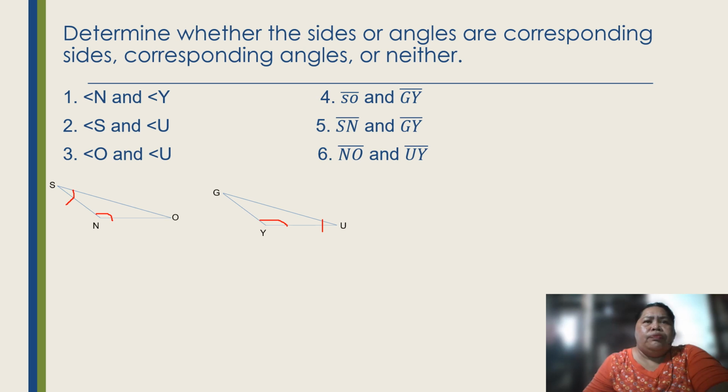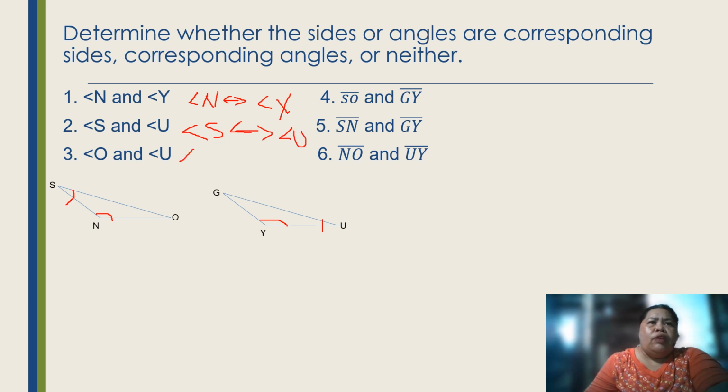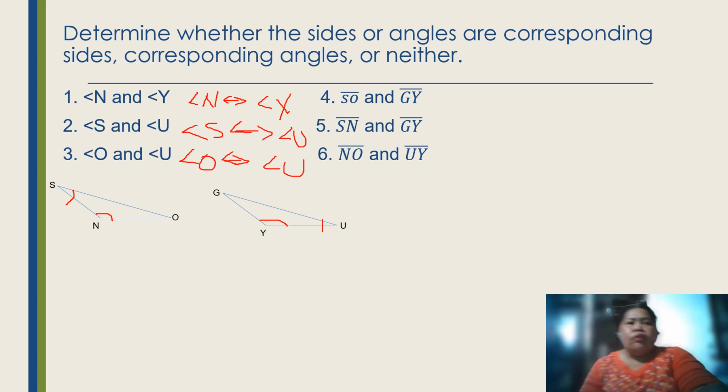When we say corresponding, we can write it like this: angle N corresponds to angle Y, angle S corresponds to angle U, and angle O corresponds to angle U. This symbol means correspondence.